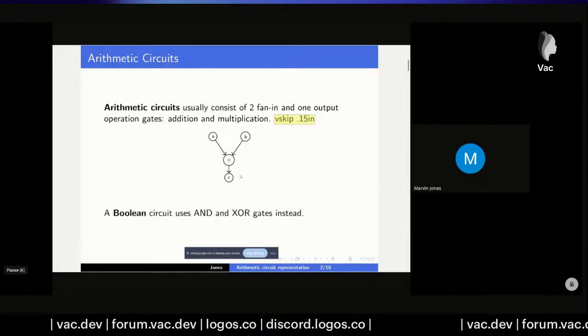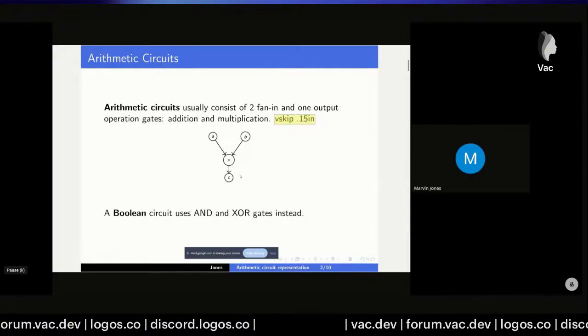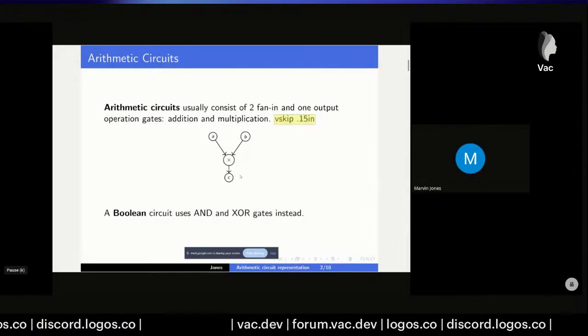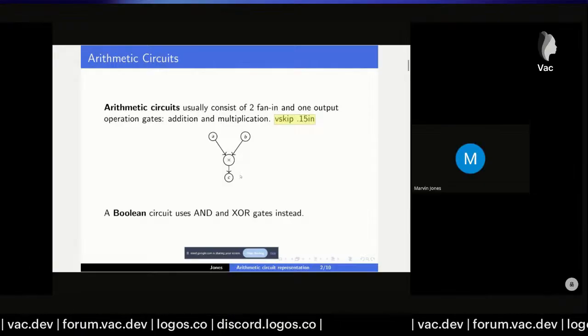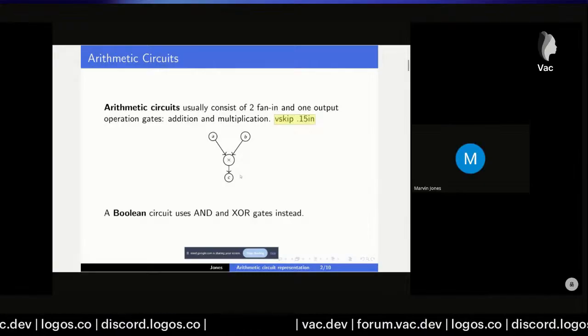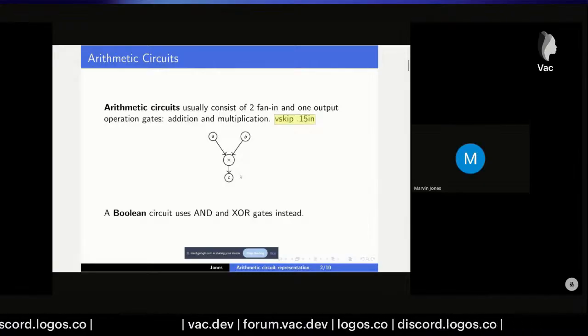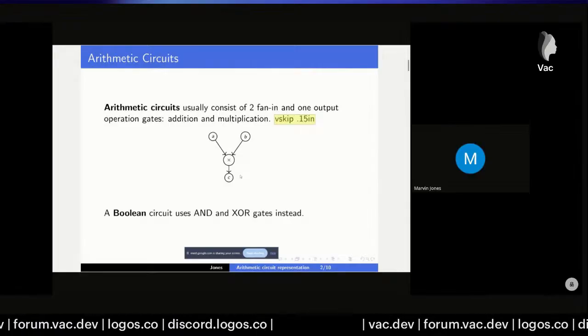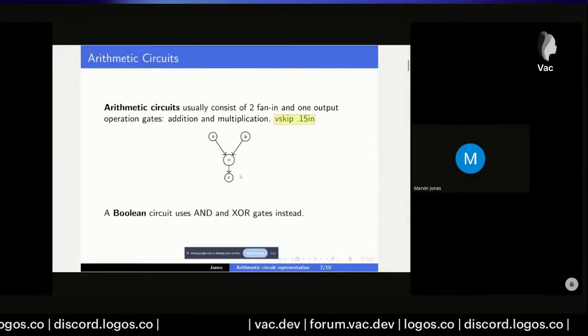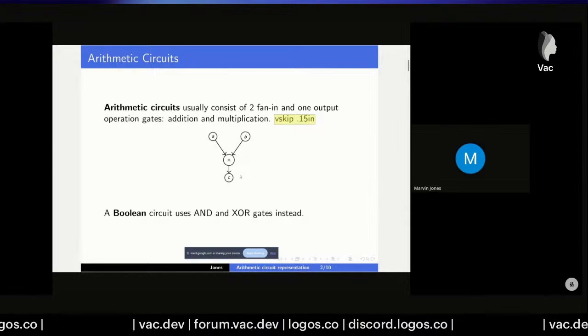Arithmetic circuits have been pretty much the popular circuits for ZK snarks for, I don't even want to guess how long, because I know I'm going to be wrong, but certainly about 12 years at least, when Pinocchio came out.